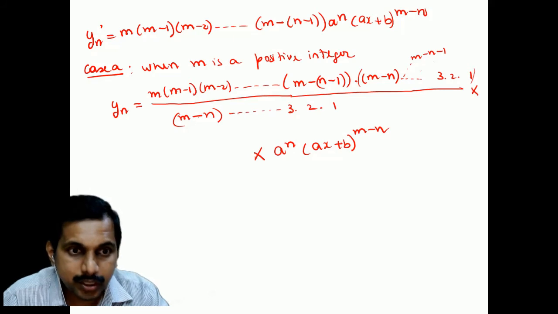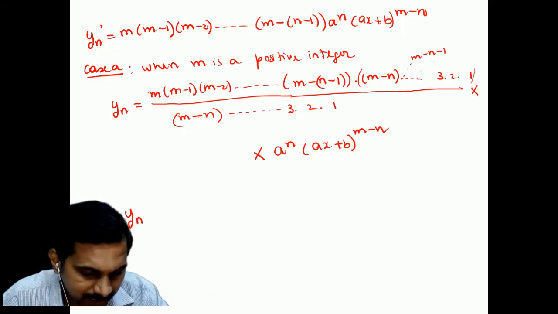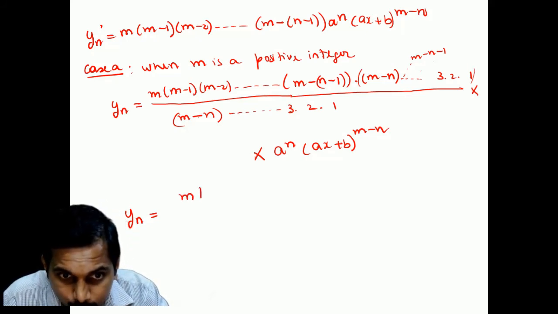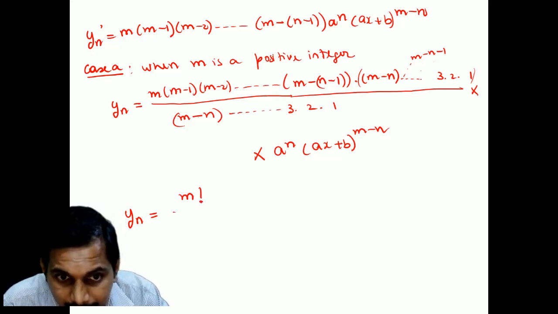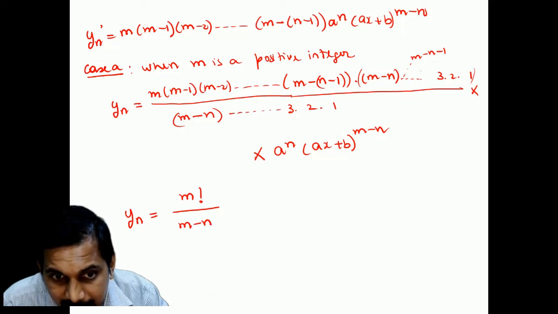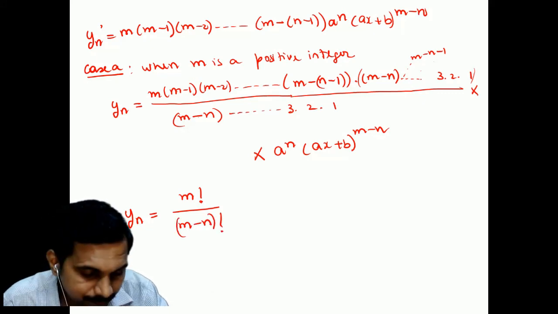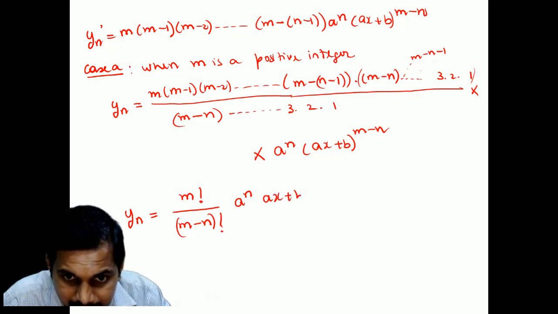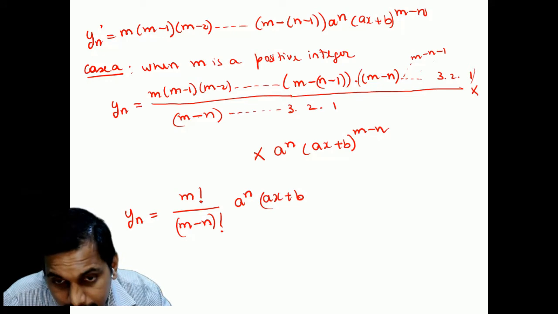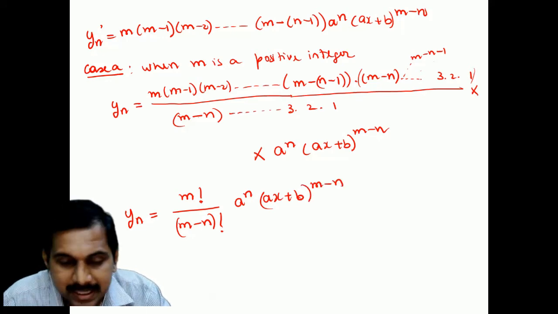Fine. So now my yn can be written as m factorial divided by m minus n factorial, into a raised to n into ax plus b raised to m minus n.